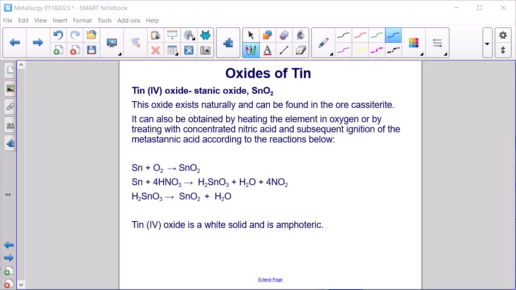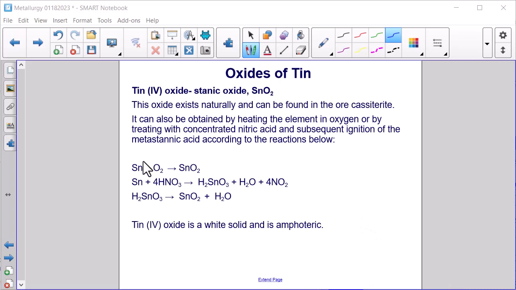Oxides of tin. Tin-4 oxide, or stannic oxide, SnO2. This oxide exists naturally and can be found in the ore cassiterite. It can also be obtained by heating the element in oxygen or by treating with concentrated nitric acid and subsequent ignition of the metastannic acid, according to the reactions shown below.